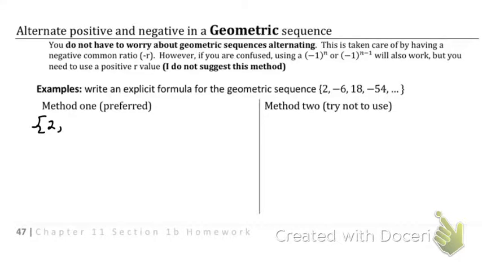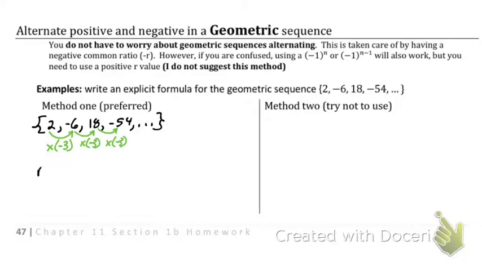So if I have an alternating sequence that uses geometric sequences, don't worry about it. Just treat it as 2, negative 6, 18, negative 54, and so on. Because if I came up with an R value, I would say, well, that's times a negative 3. Multiplying by a negative 3 will get me a positive 18. Multiplying by a negative 3 will get me a negative 54.